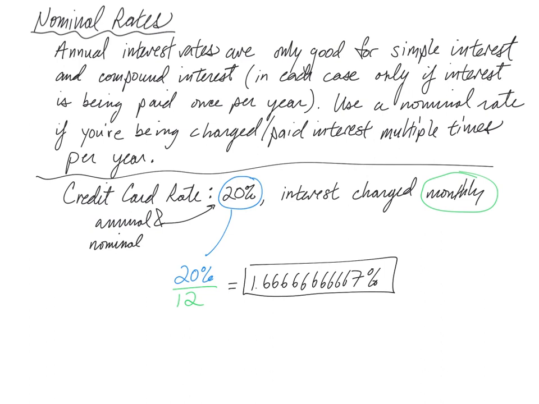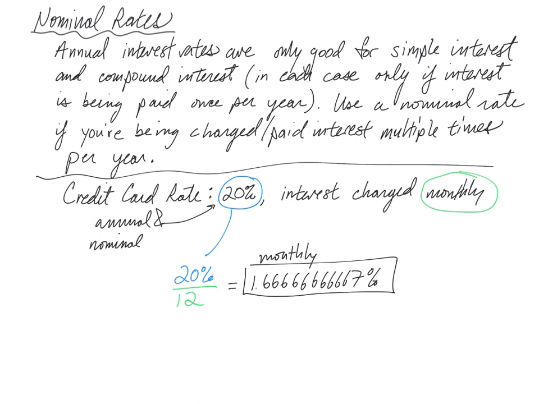The only number you want to round is the answer. Okay, so with this, we have the credit card company charging you a monthly interest rate of 1.6666666667%. All right, so how can you figure this out every single time?